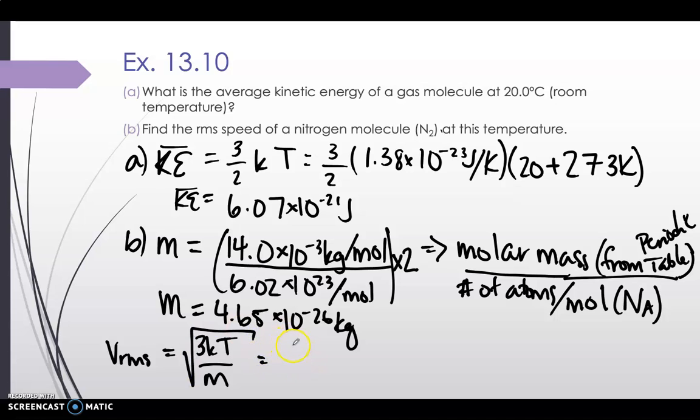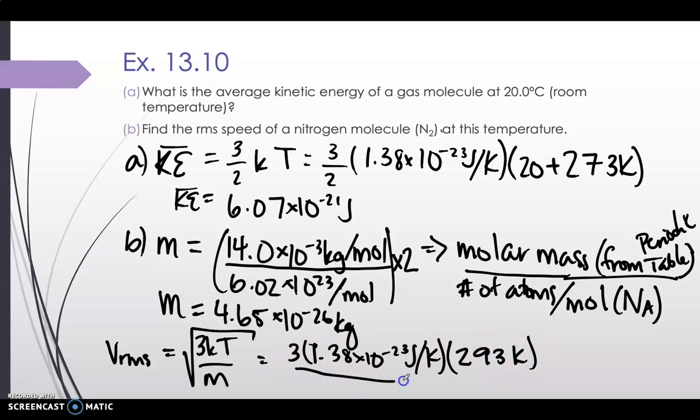So we can plug that in. Remember our K is 1.38 times 10 to the negative 23 joules per Kelvin. Our temperature is up here: 20 plus 273 is 293 Kelvin.